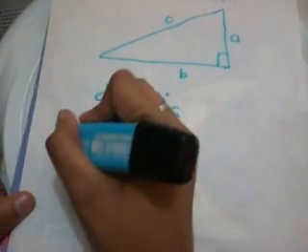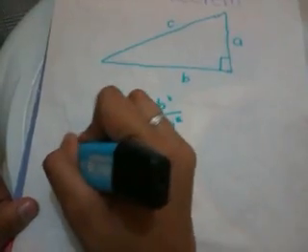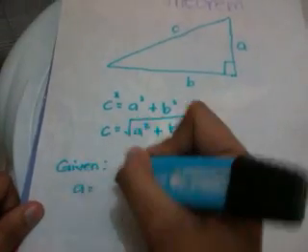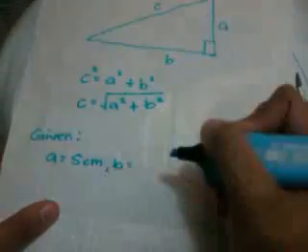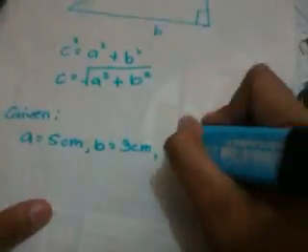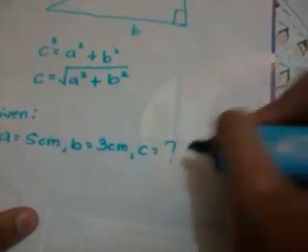So, for example, our given for letter A is 5 centimeters, and for letter B is 3 centimeters. Let's find out letter C, the hypotenuse side.